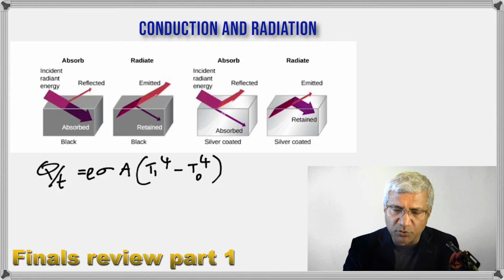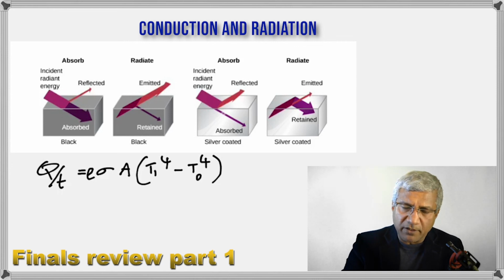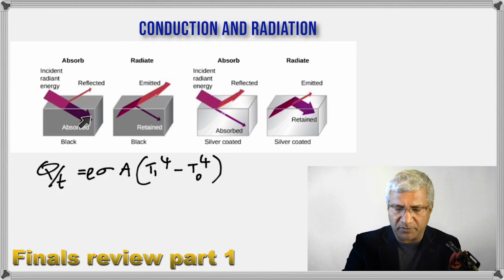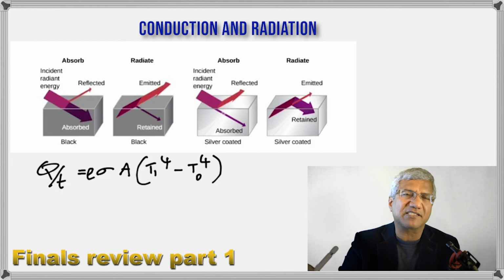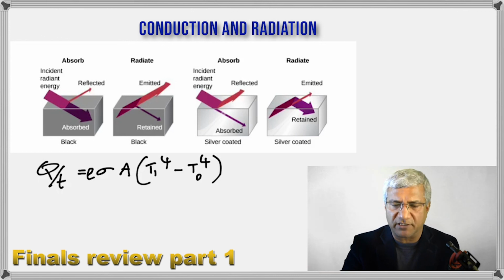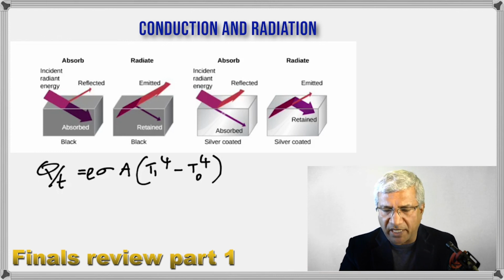Now, what is shown here is that if it's a black object, most of the heat is absorbed. A tiny, tiny part is reflected, which is basically 0%. And look at when the black radiates, same thing. It retains a tiny part, it radiates all of it.